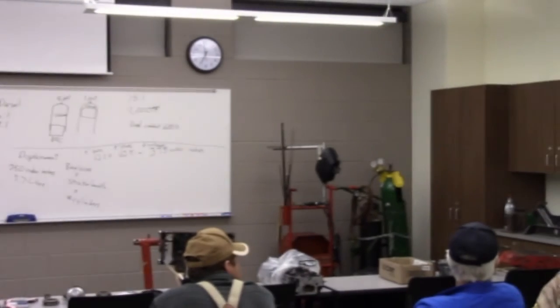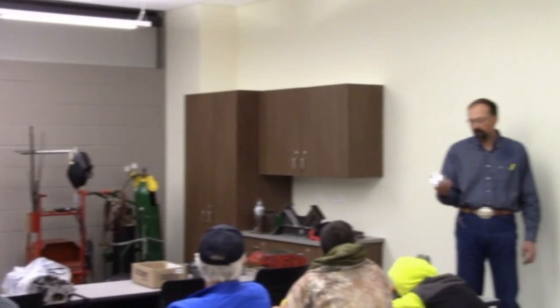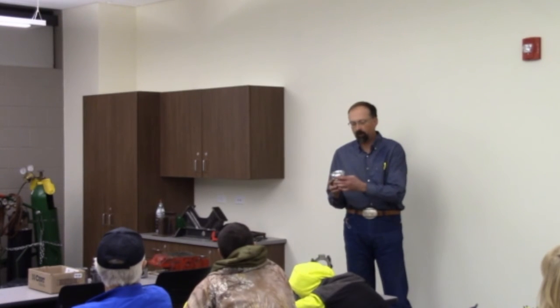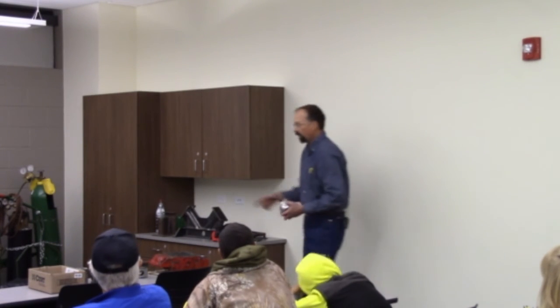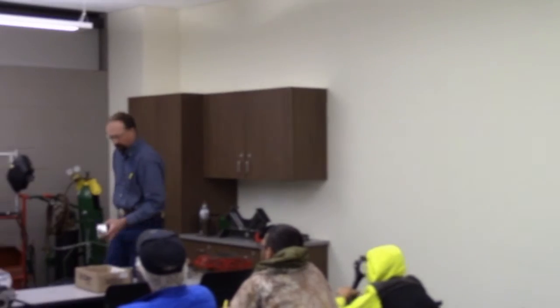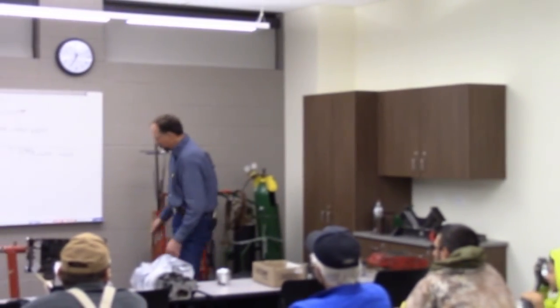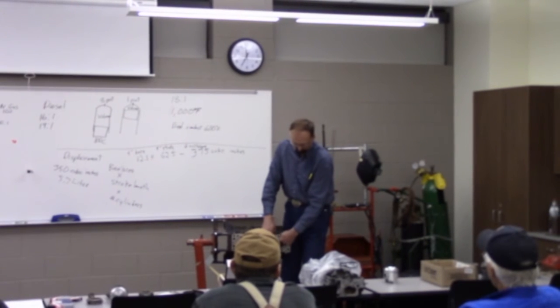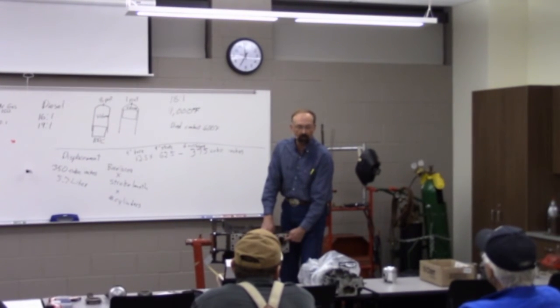So this piston is machined, made 0.5 millimeter larger in diameter than the original one. So what's done in a lot of cases is the machine shop will enlarge this cylinder to a bigger size.